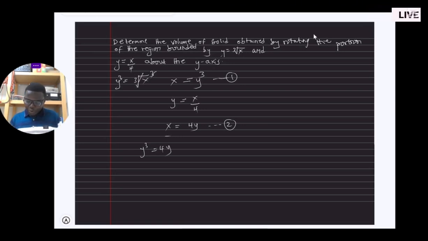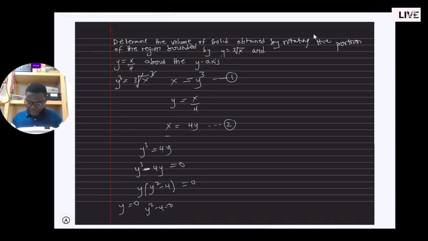When you have y cubed equal to 4y, we can bring everything to one side to get y cubed minus 4y equal to 0. We can bring y out, which is common, and now we get y times y squared minus 4 equal to 0. Therefore, they will meet at y equal to 0, and they will also meet where y squared minus 4 equals 0.